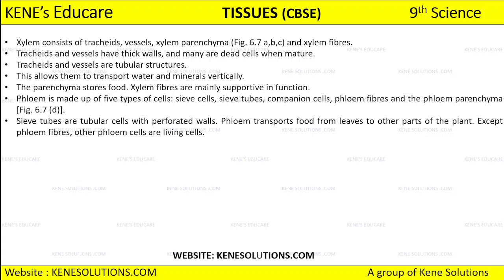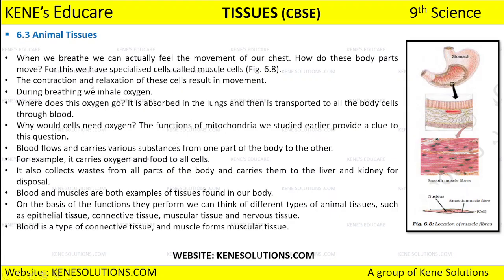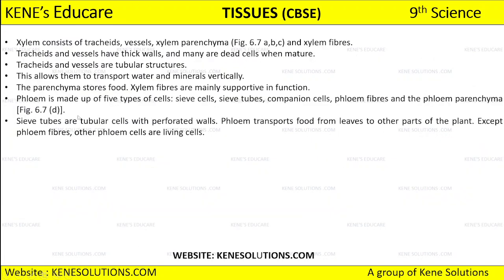Both of them have tubular structures which allow them to transport water and minerals vertically, because xylem is responsible for conducting water, and phloem is responsible for conducting food. And as I told you, xylem consists of tracheids and so on.